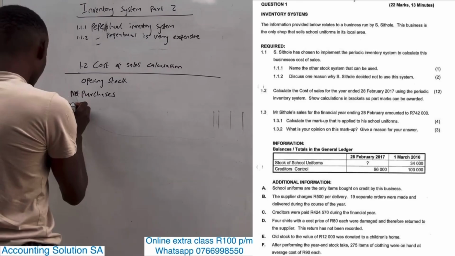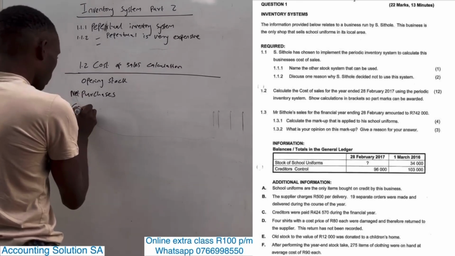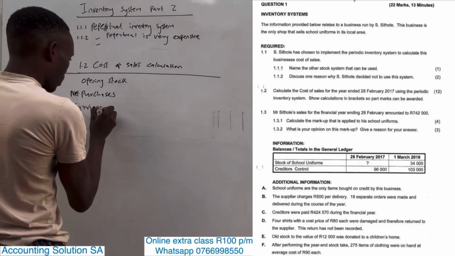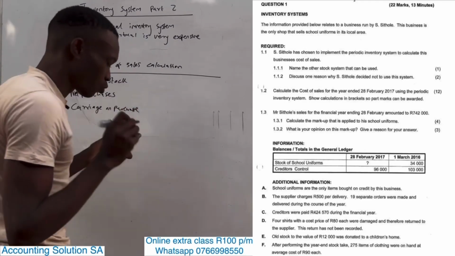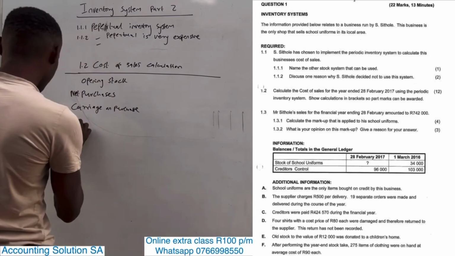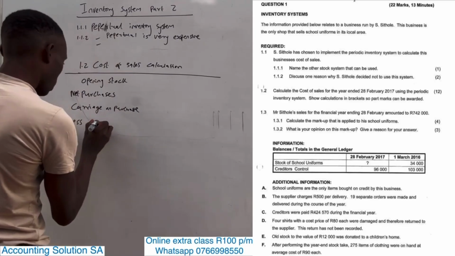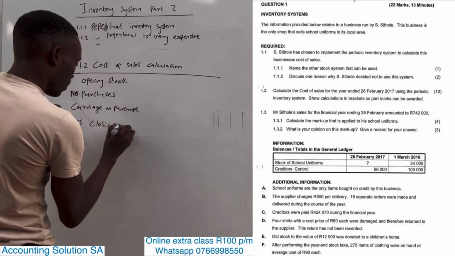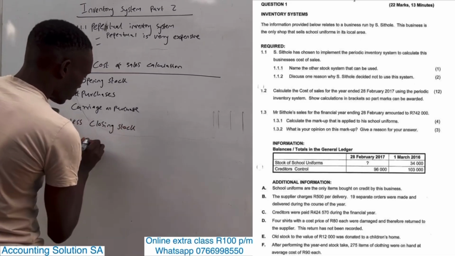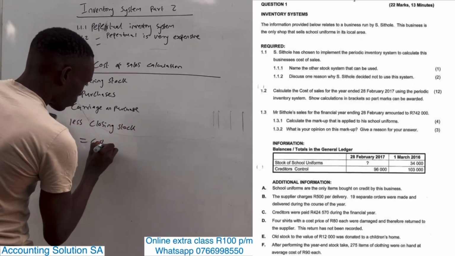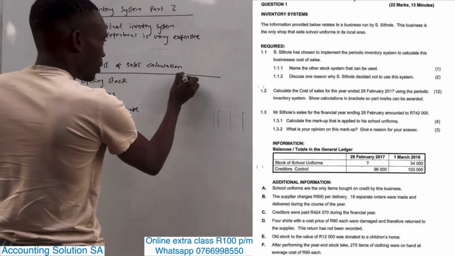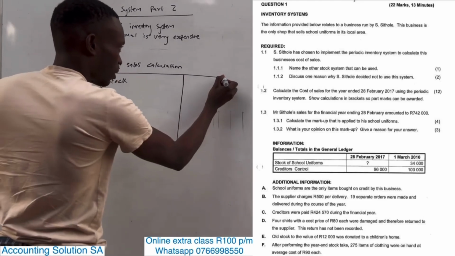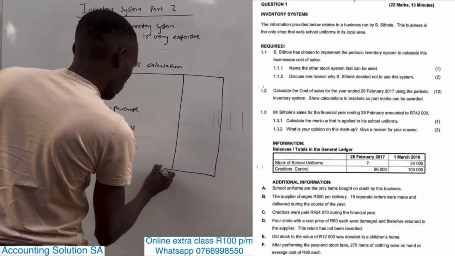Then the next one we have is carriage on purchases, which is the same as transport cost. Then we less closing stock, then it will give us the cost of sales. So that's the formula that we are going to apply. Very simple formula.